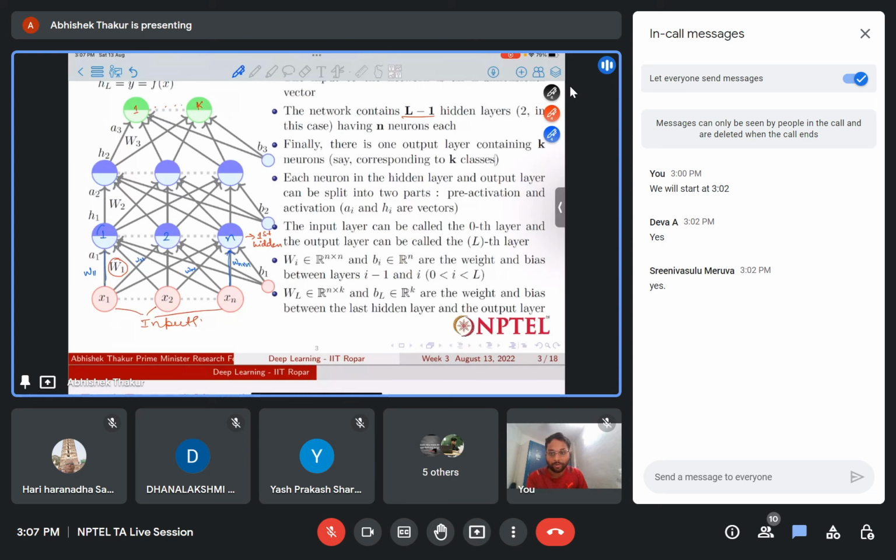Understood? Because there are n inputs in the input layer, the weights from the n inputs go to the n neurons.